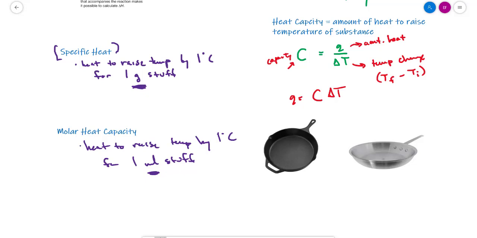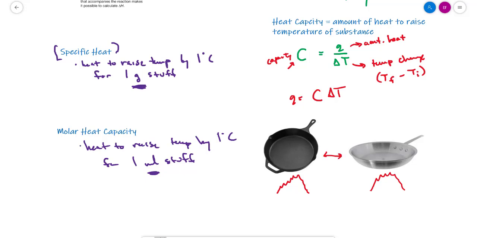They're quite heavy. And you know that if you put this on a flame or some sort of heat source, it takes quite a bit of time for the temperature to actually increase in this pan. In contrast, if you have a thin aluminum pan like this and you supply the same heat source, almost instantly you have the pan at the temperature of the flame.